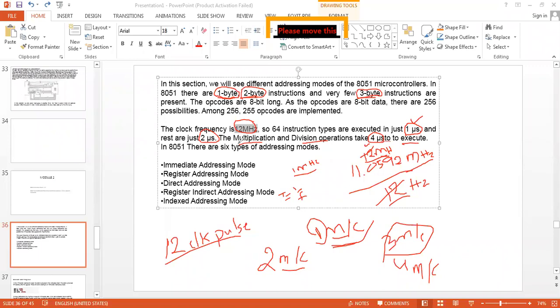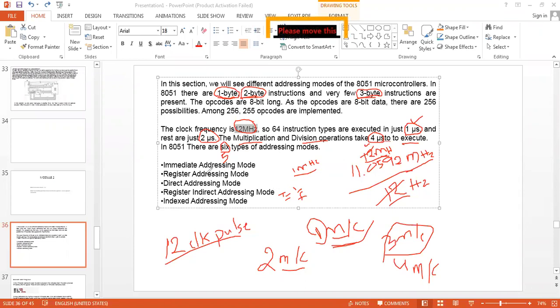Okay, so there are 5 addressing modes which are telling what is the way of accessing the data, and what is the way of writing the data into the memory from the memory.